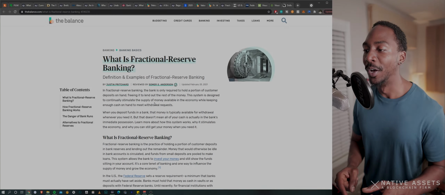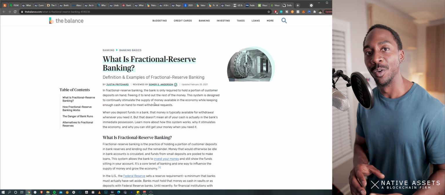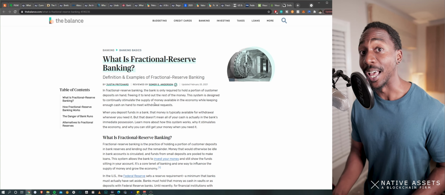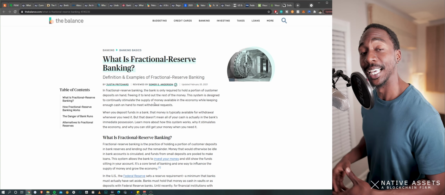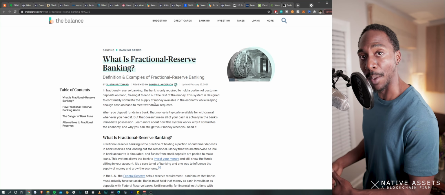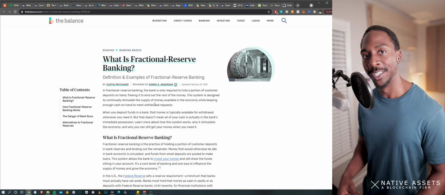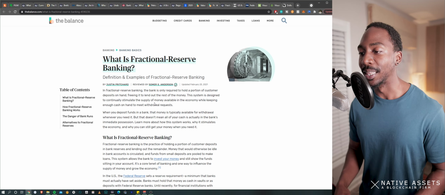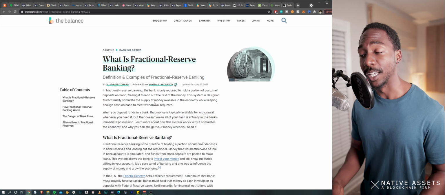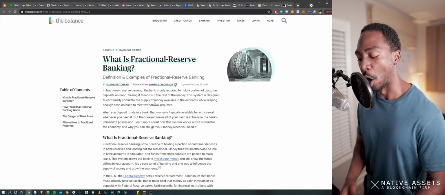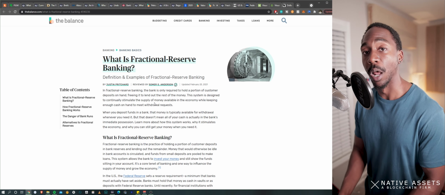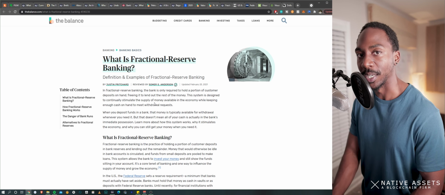So the antithesis of this would be over-collateralized debt, which is what we see in a lot of decentralized finance applications. And yes, they are working on ways to create a decentralized identity so that they can provide under-collateralized loans. But an over-collateralized loan is one in which you actually have to put up more capital than the loan that you are getting.